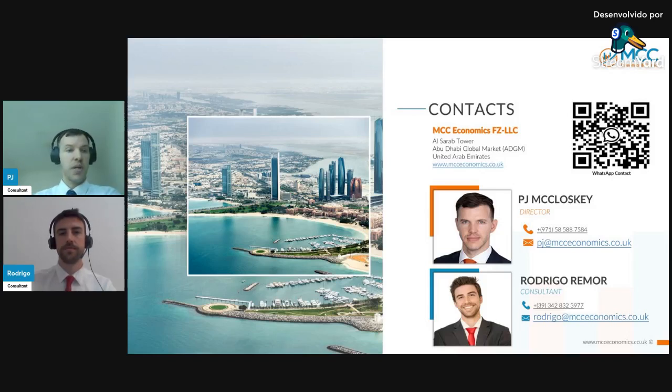We might do that next week actually, to compare our models and the latest forecast that we have with the latest forecast from the UAE central bank and the latest forecast from the IMF as well. So that'll give people a sense of where we think the GDP is going for the UAE and how that compares to those other sources of forecast. So keep an eye out for any future sessions.